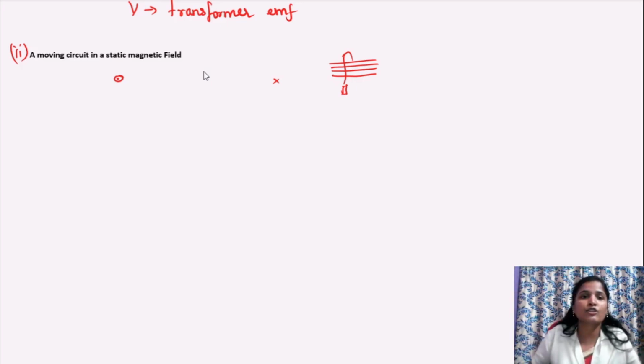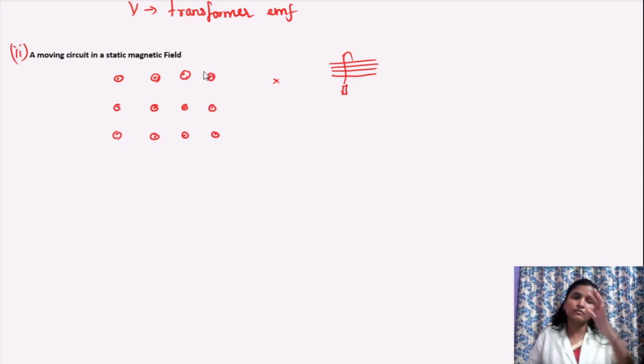Okay, so assume that these are the magnetic flux lines. I'll draw. In this magnetic field, I'm going to place a moving circuit. What is the meaning of a moving circuit? The conductor is moving with respect to the magnetic field.